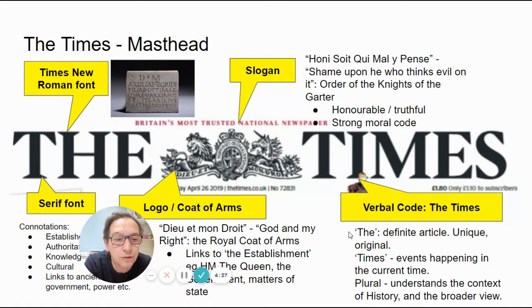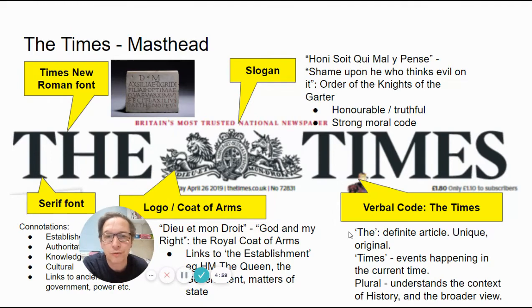So the things that are happening now are influenced by history and are going to be the history of the future. What's happening in the world today is what children are going to be studying in their GCSE courses for GCSE history.